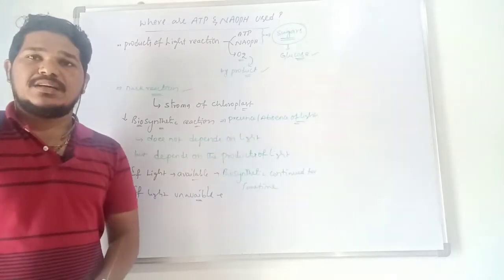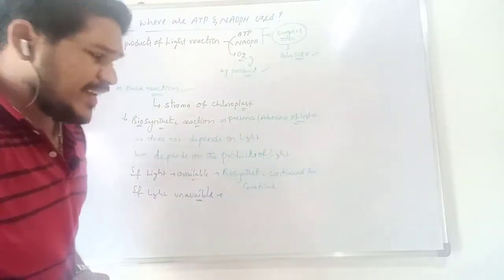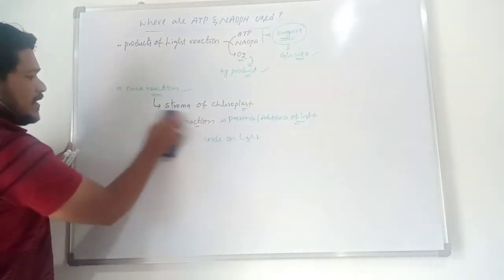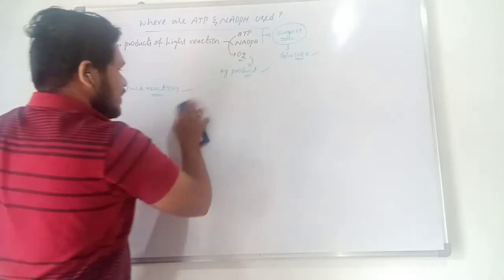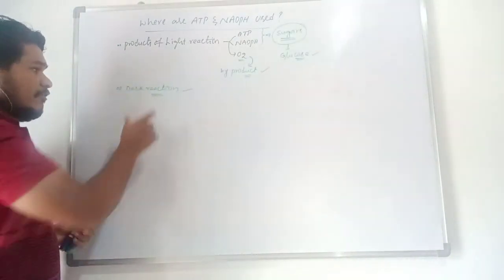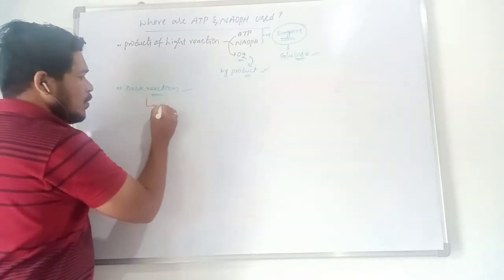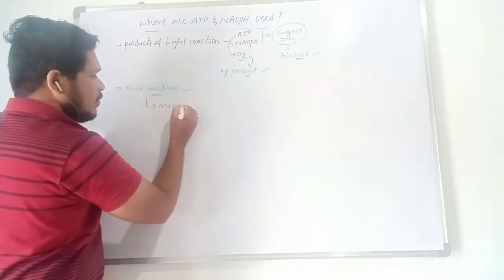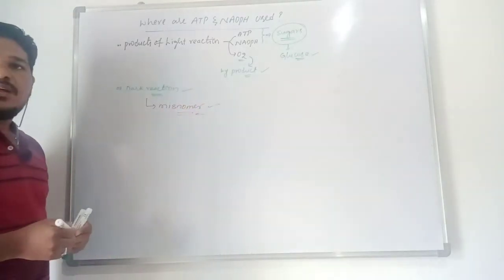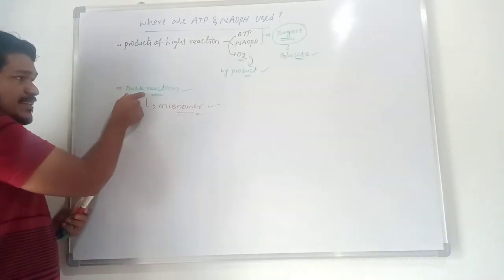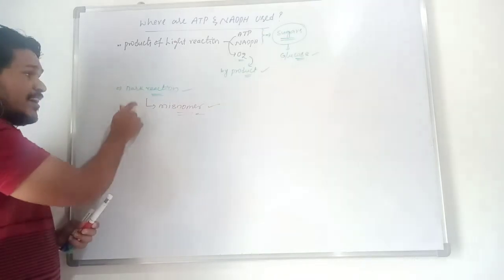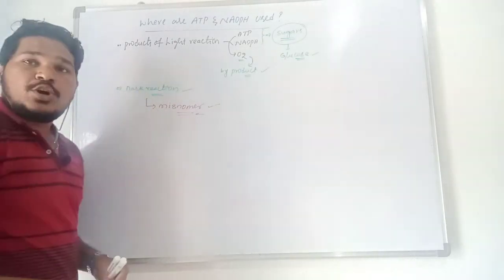The dark reactions take place in the stroma of the chloroplast. The term dark reaction, used for the biosynthetic phase of photosynthesis, is a misnomer.